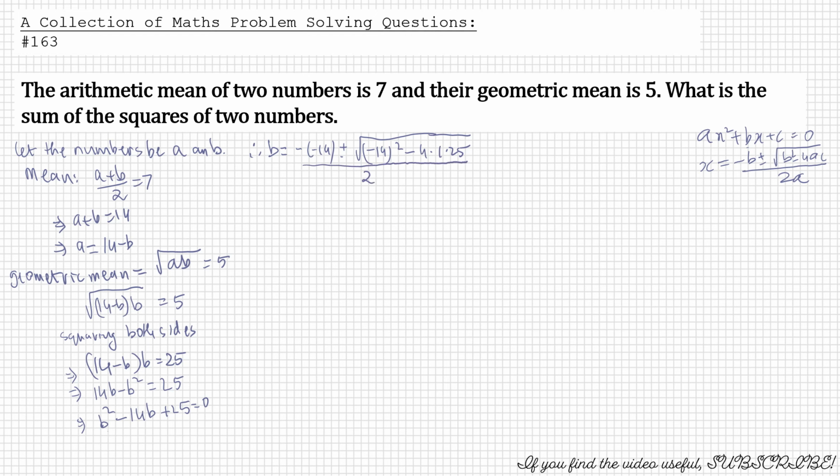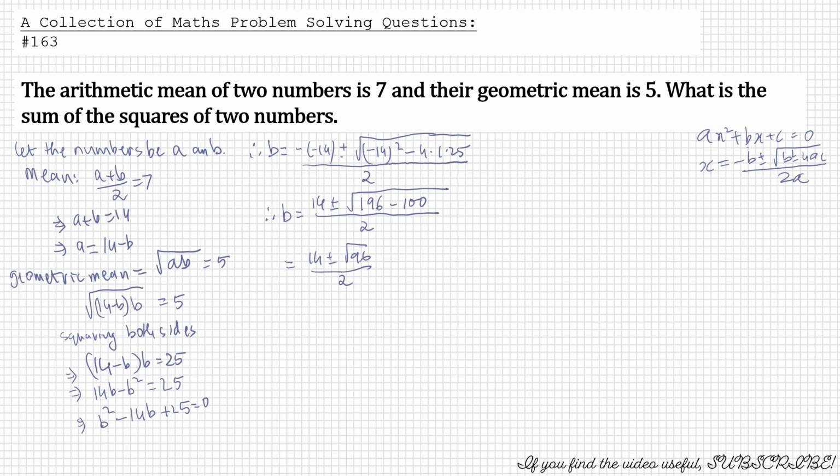So then b equals 14 plus or minus the square root of 196 minus 100, divided by 2, and that would equal 14 plus or minus the square root of 96, divided by 2.